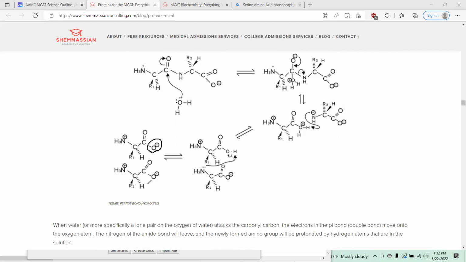Okay, I see what they did. So basically one of the protons is here because originally, this NH is this one. I hope you can see. Originally this only had one H on it, right? But now it has 3 H's on it, right? And this carbon originally had no oxygen on it, but now it has an oxygen on it.